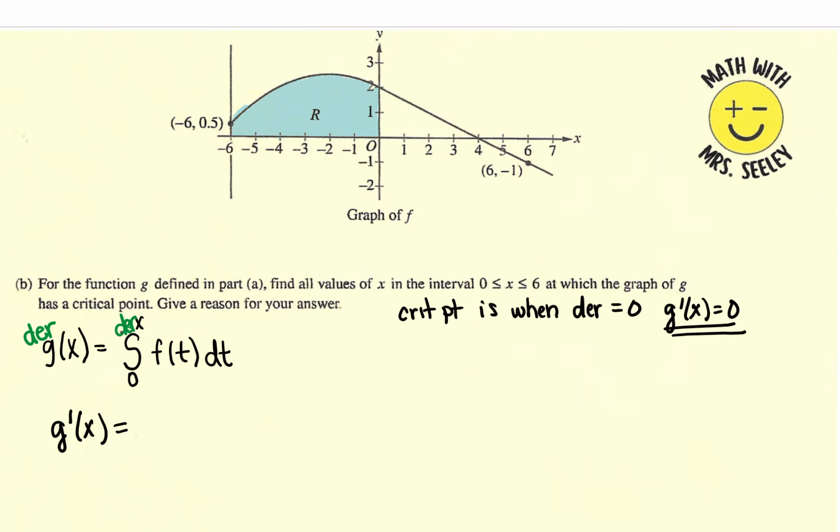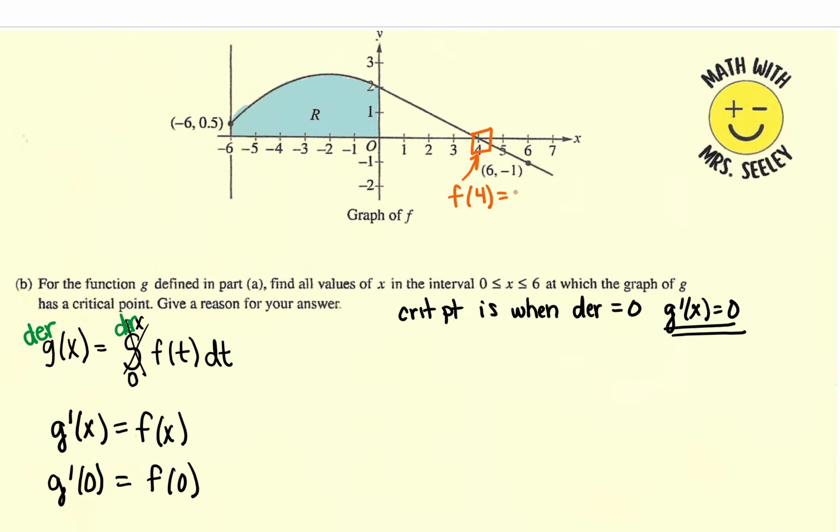And if you take the derivative of an integral, remember they cancel out, and you just get f of x. So you just get the function itself. So if g prime of x is 0, that means it's when f is equal to 0. So I go back and I look up here, and f is equal to 0 at 4.